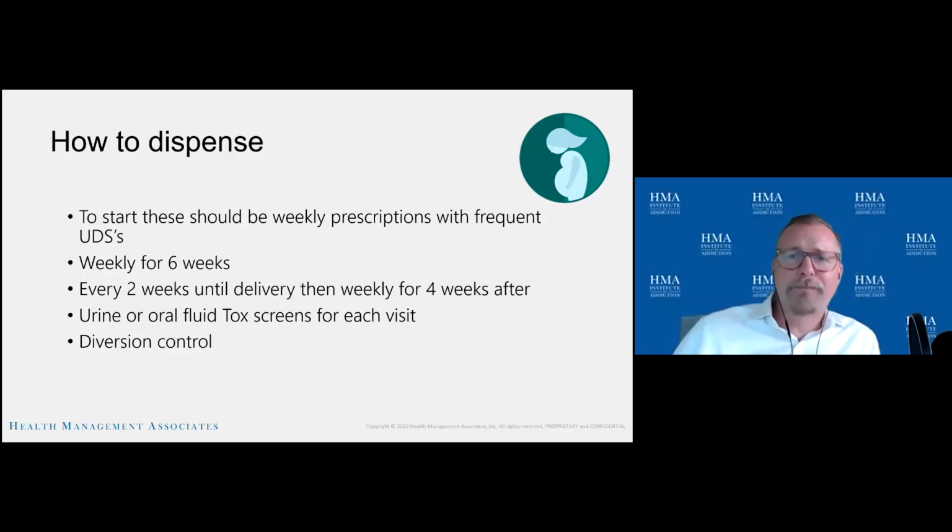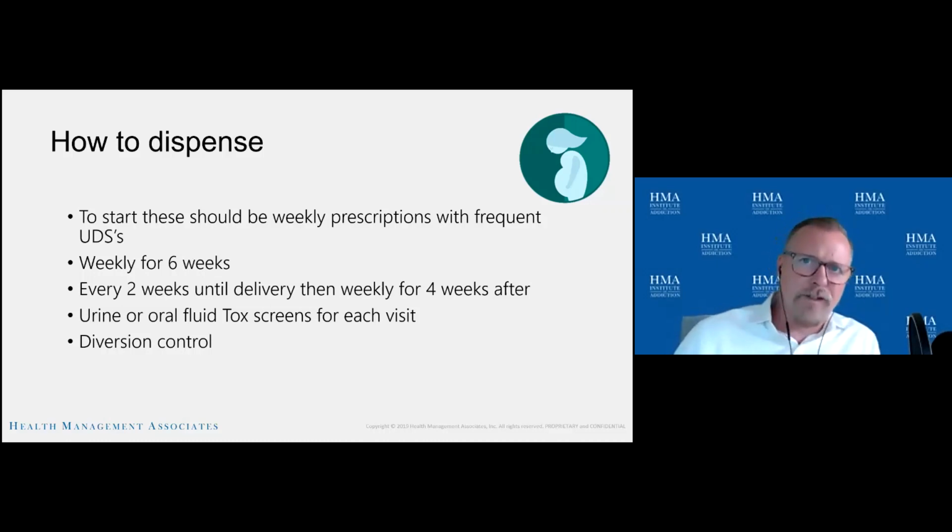Diversion control, this is an interesting one. So we found initially we would only see mom. We wouldn't see the father of the baby or boyfriend, husband, or whoever their partner was. But then we noticed that people would run out early when we did pill counts. They would be short a few, and we'd ask them, and they'd be like, well, I gave my significant other some of these because they're also in withdrawal.